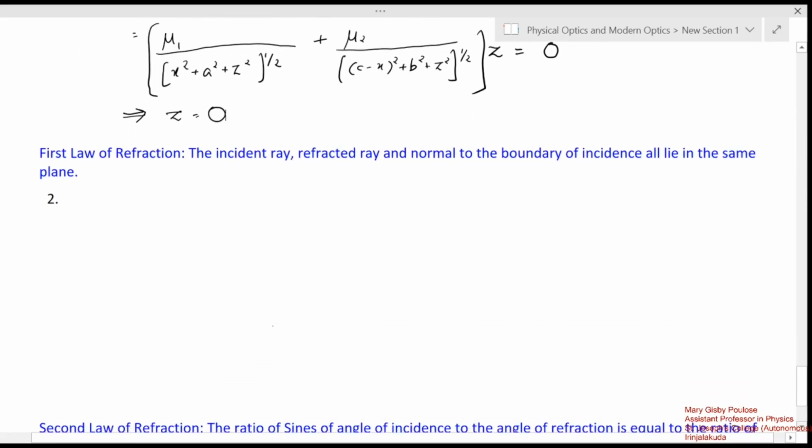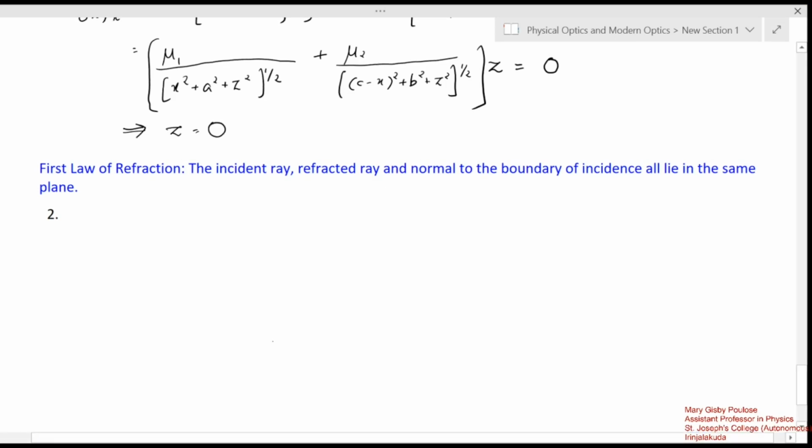Now let us derive the second law of refraction. For that, we are using the partial derivative along the x-axis. ∂L/∂x at a constant value of z, which we got as 0, is given as μ1 into 1/2 into 1 divided by (x² + a²).